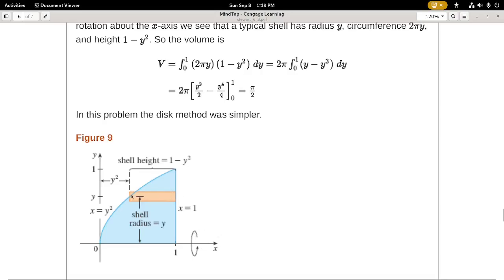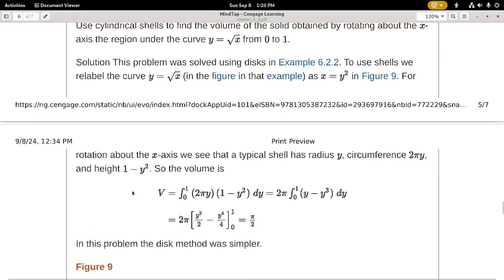So anyway, the height of this thing, here's the value x equals 1. Now I need to subtract off the x value here on this curve. Well, the only thing I know is that this point here lies on the curve y equals square root of x.